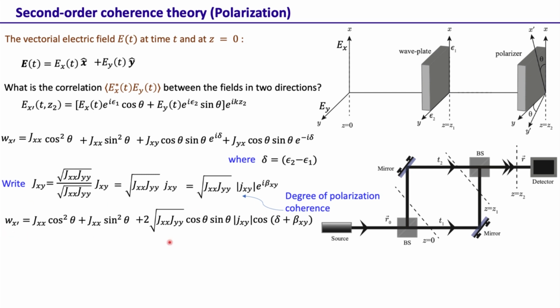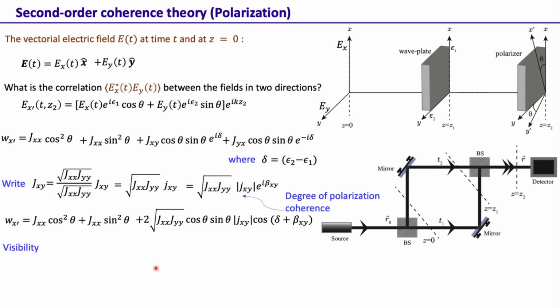So this is the general formula for polarization interference. It contains this degree of polarization coherence, and it also has this cosine term which is responsible for seeing the fringe pattern, and it varies as a function of delta, and of course beta, which is a fixed quantity here for a given field.